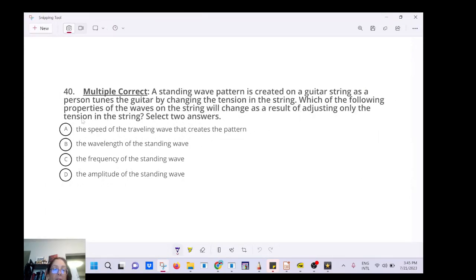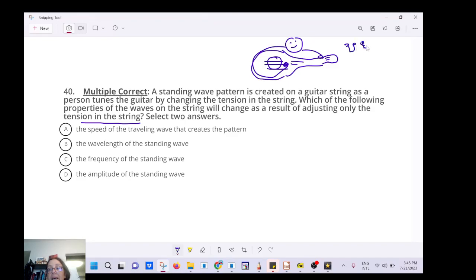If you change the tension of a string, it's on the guitar. You have your guitar here. So what's happening?